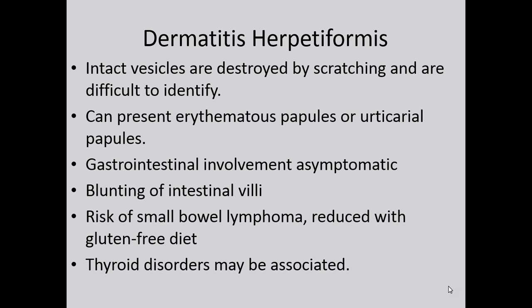We don't see any kind of change with the form of the intestine, but we still see some subclinical autoimmune immunogenic reaction from wheat. And whenever we have a gluten allergy or sensitivity with this, we could have a risk of small bowel lymphoma, and so it's best to try and limit or decrease that immune reaction if we could.